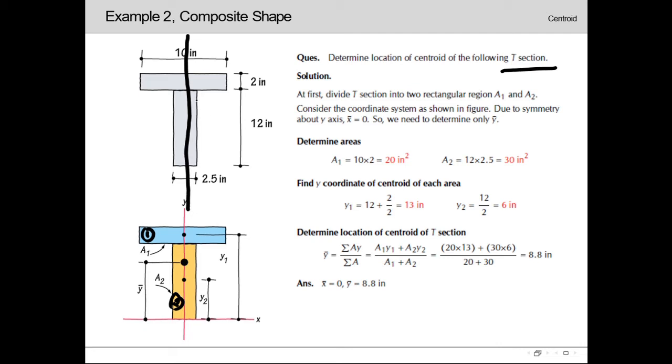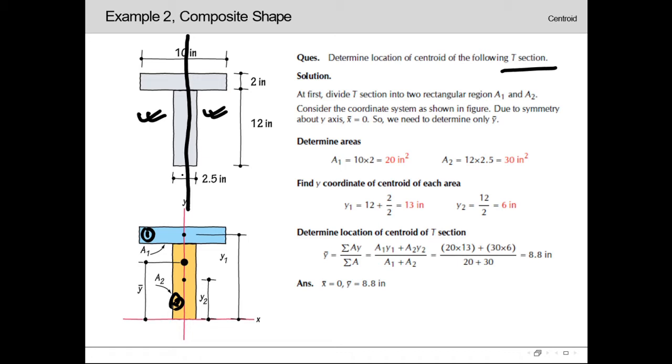That means the part at the right side of this y axis is exactly the same as the part available at the left of the y axis.